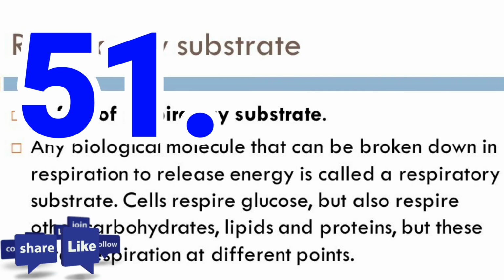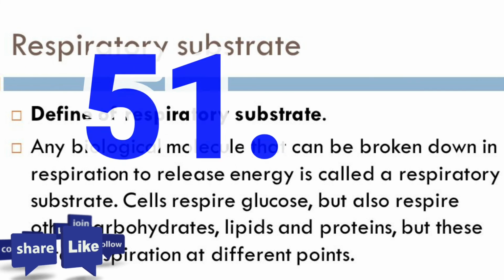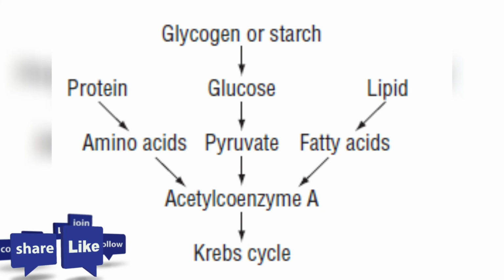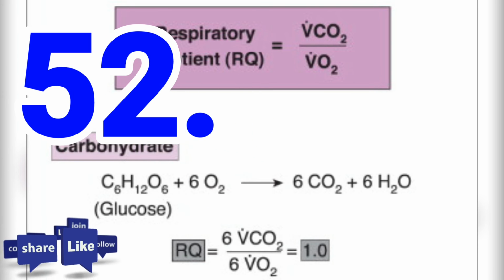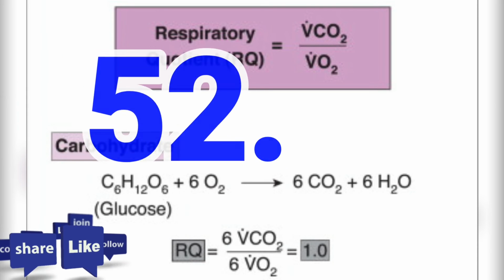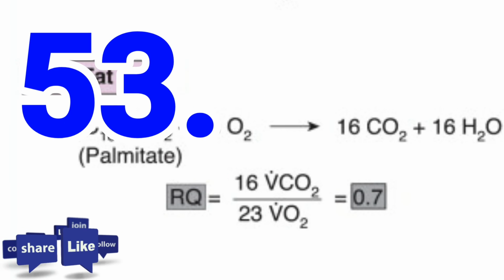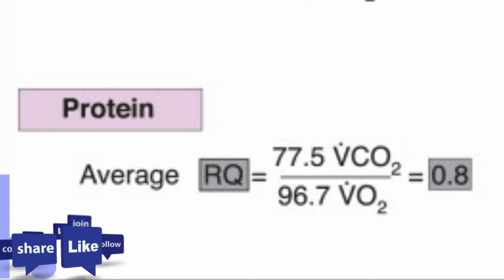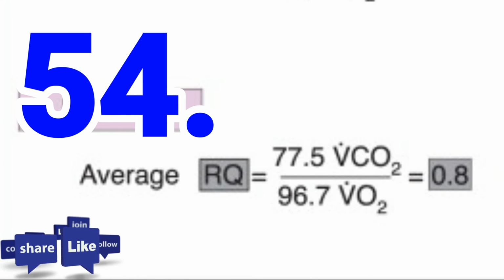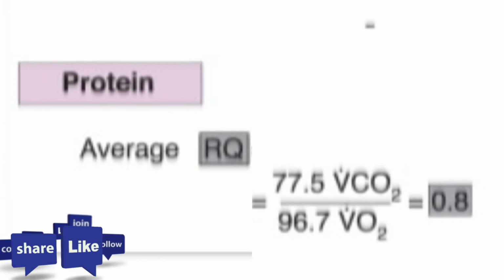Respiratory quotient depends upon the type of respiratory substrate. The respiratory quotient of carbohydrate with complete oxidation is 1. The respiratory quotient of fat is 0.7. The respiratory quotient of protein is 0.9.